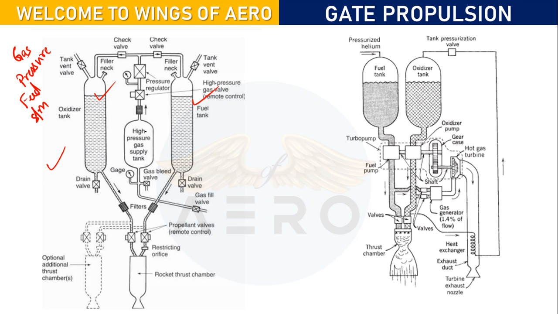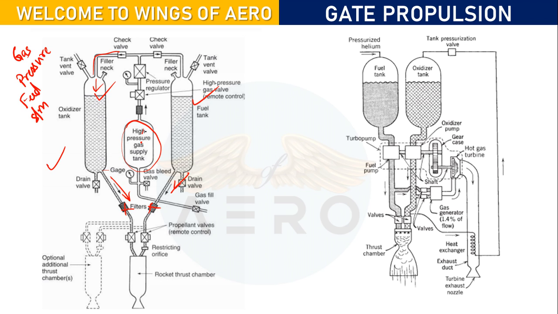From the neck position of the tank, it is connected to a high pressure gas. There will always be a tendency to flow from high pressure to low pressure, right? If this is pressurized, it moves over here, and when this valve opens, it will move along this side.